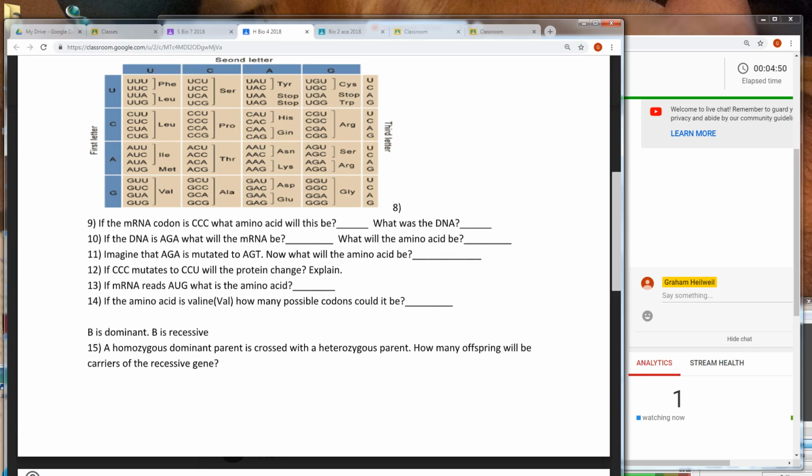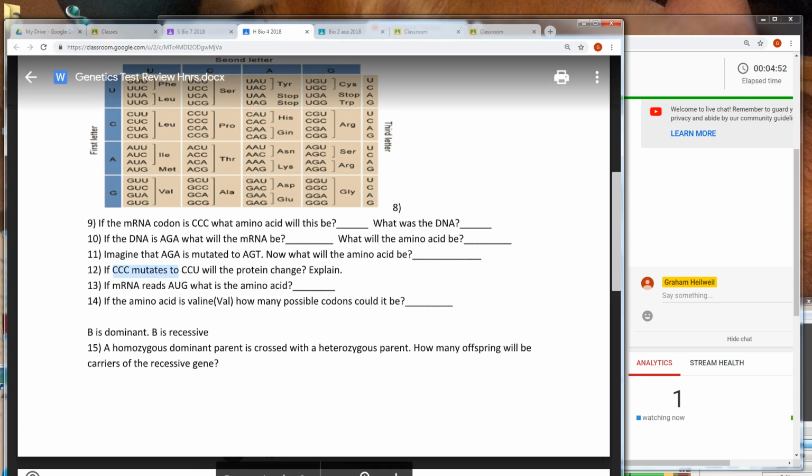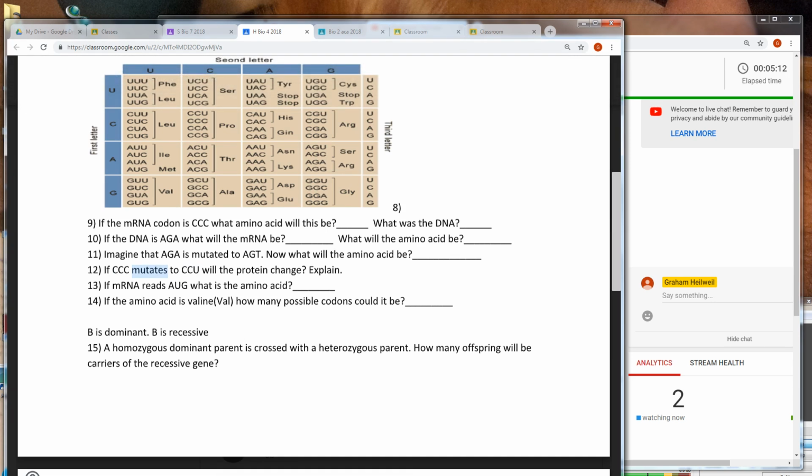Will the protein change? No. Also, you don't know, when you read that, is it DNA? Is it RNA? We don't know. But when you read CCU, that tells you, oh, okay, so this is RNA. The DNA must have been GGG, mutated to GGA, which means that the CCC was turned to CCU. I shouldn't have said mutates to.